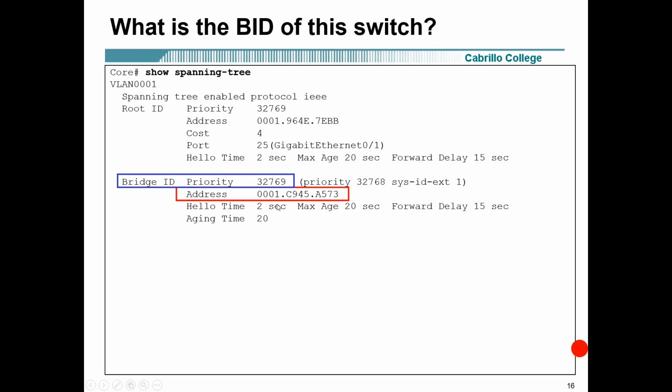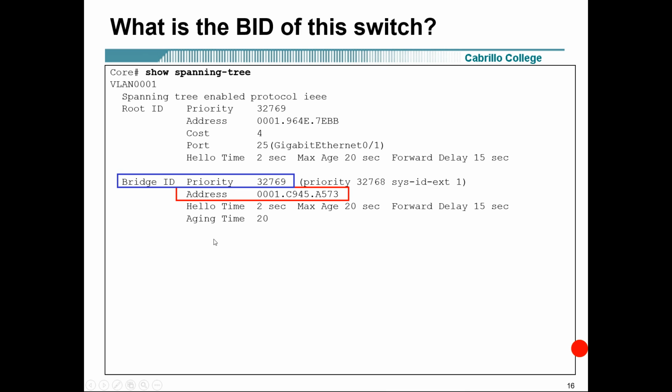And that will allow us to have a MAC address of 001C948A573. But you'll notice that is not the MAC address of our core switch. So we need to keep that in mind.